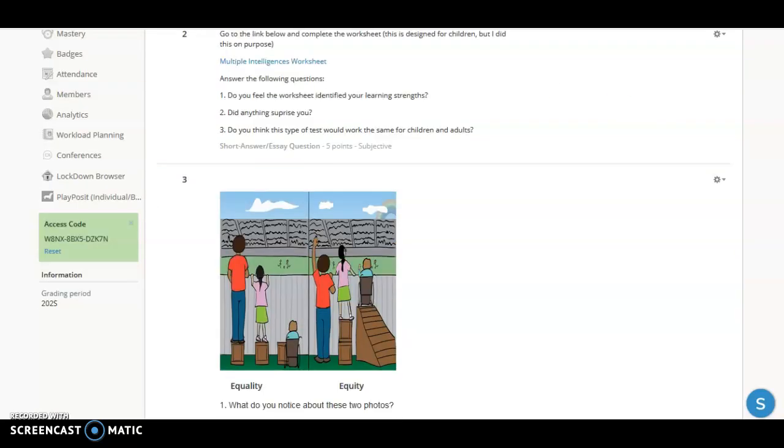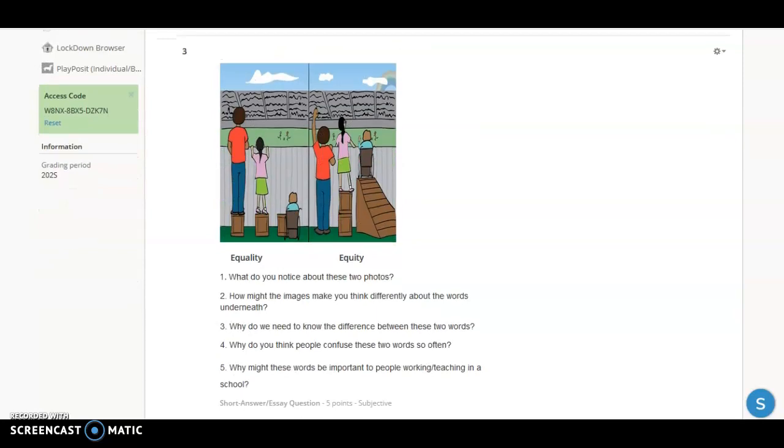Then we have a quick diagram about equality and equity and some discussions that I want you to think about. Really take a look at that picture and realize that equality means giving everyone equal things. In the picture, we're looking at the children, and they all receive the same support in order to see the baseball game.